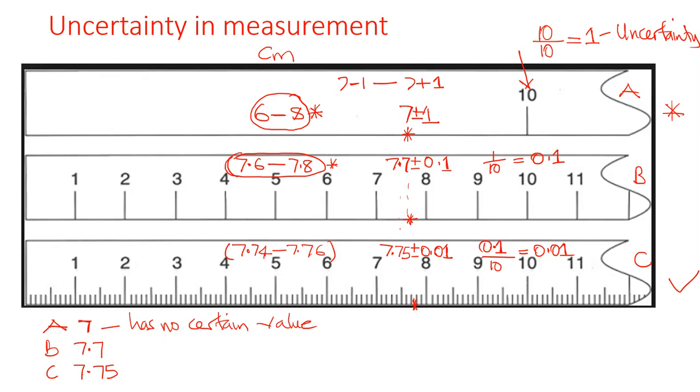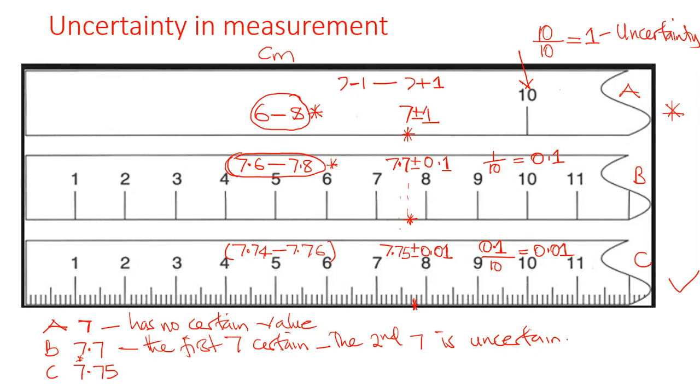Ruler B, the first 7 is certain. The second 7 is uncertain. So what we are saying is we are sure that it will be 7.